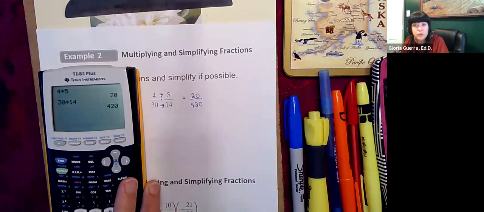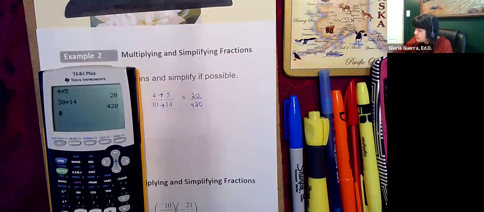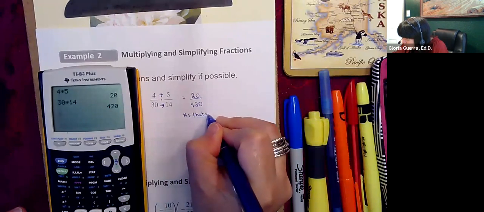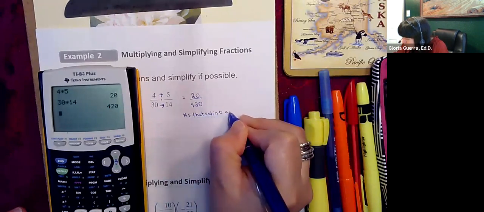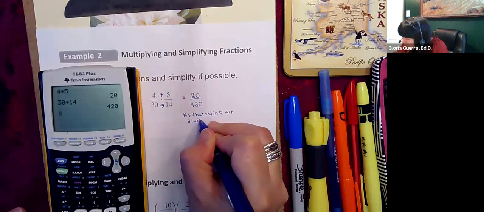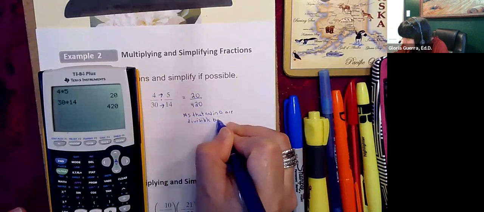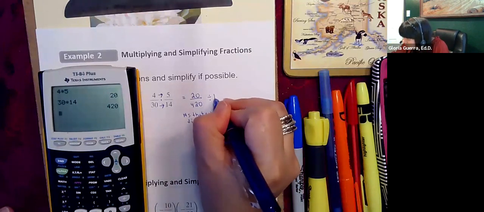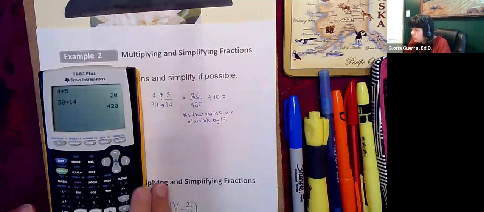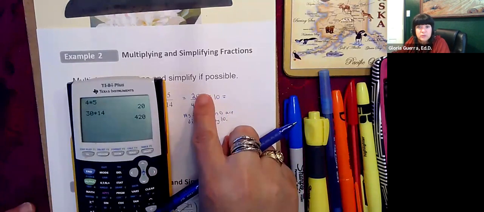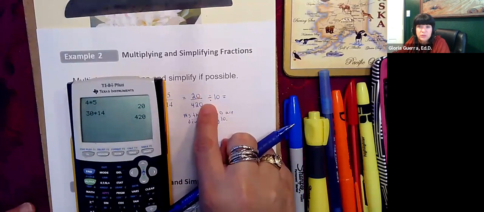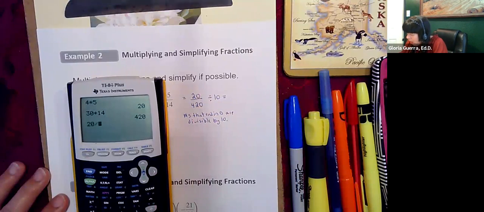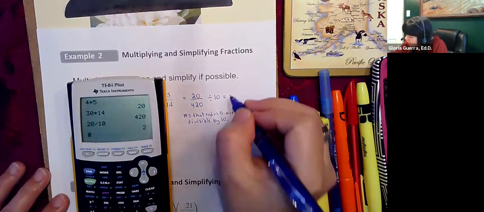And then, if a number ends in 0, numbers that end in 0 are divisible by 10. That means that 10 will go into it with a remainder of 0. So you can divide by 10, and you can cross out these end zeros, and you'll see that you get 2 over 42. So let me show you. 20 divided by 10 is 2.